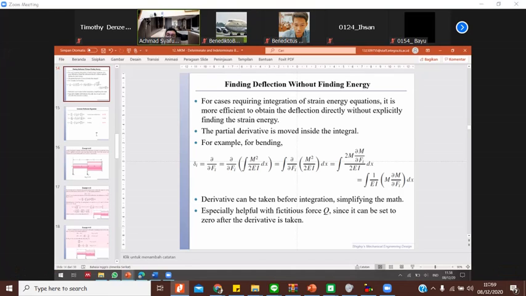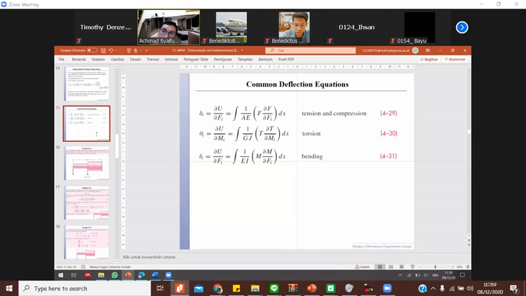Now the loading terms: expansion and compression, carefully. Another term is torsion and bending. So you can use this equation directly to calculate the total strain energy in the implementation of Castigliano theory. Okay, that's it for Castigliano.